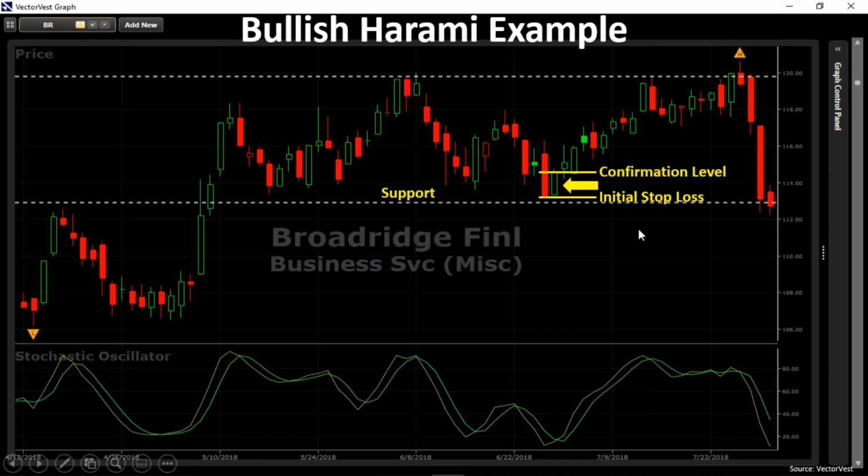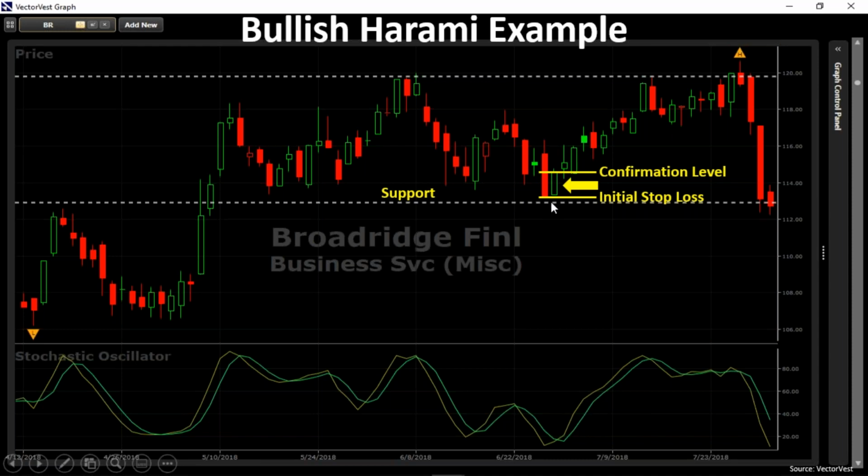Just a little tip here. You have a really strong support level here, right? And we talked about support and resistance, I think, in a previous webcast. Your initial stop loss level for this pattern is essentially right at support. It's actually a little higher than support. What I would do is I would probably use support as my initial stop loss, okay?